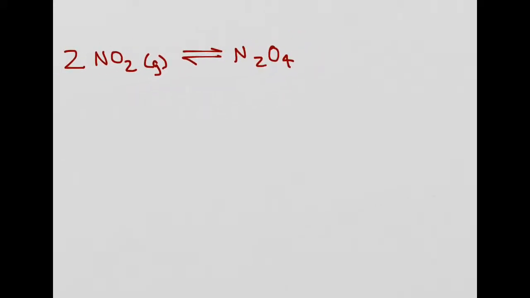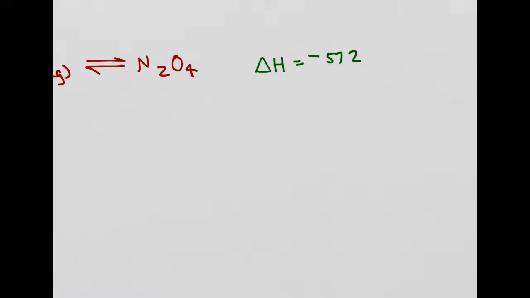And if it's an exothermic reaction, I could either show it as a delta H equals a negative 57.2 kilojoules, okay? Or don't forget, you can actually include the energy either in the reactant side or the product side, depending on what kind of reaction this is.